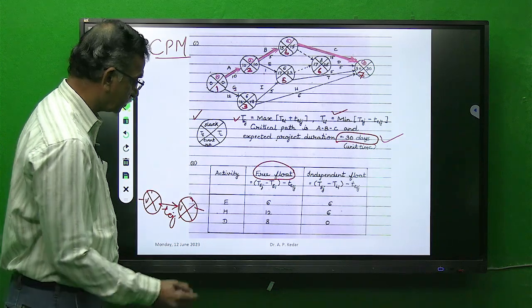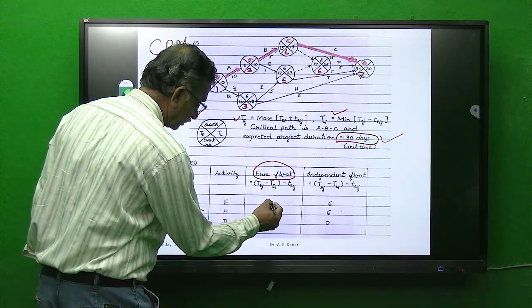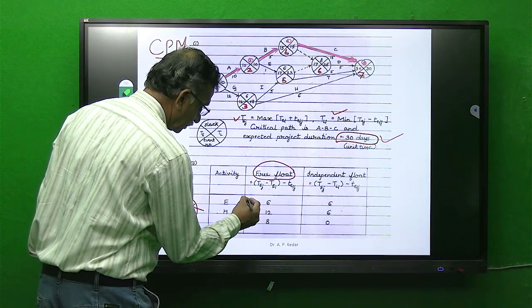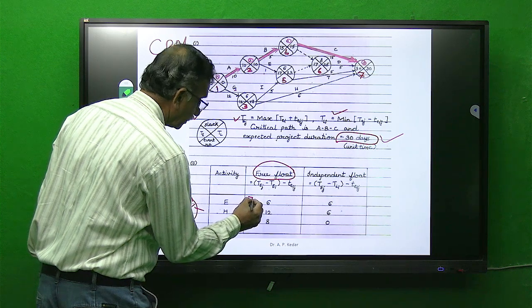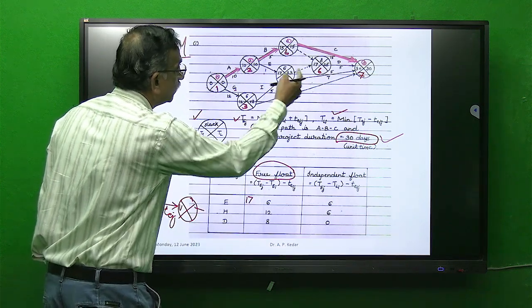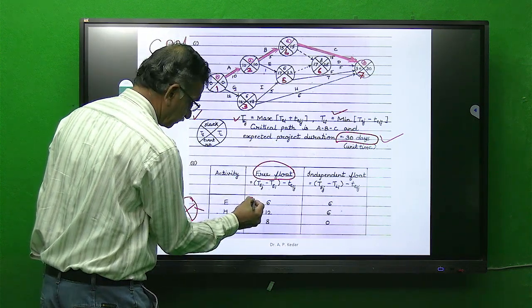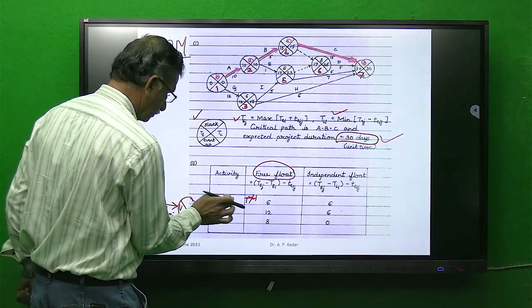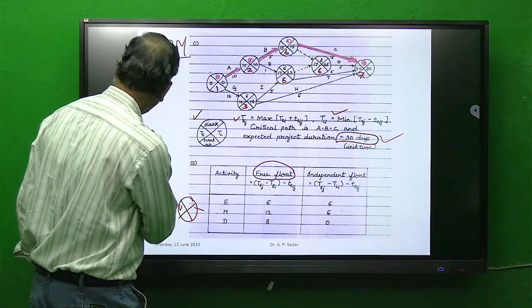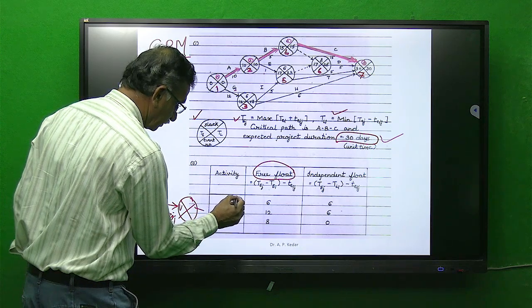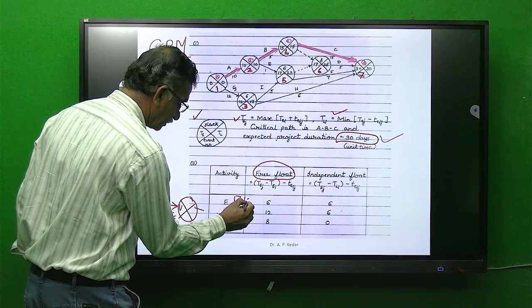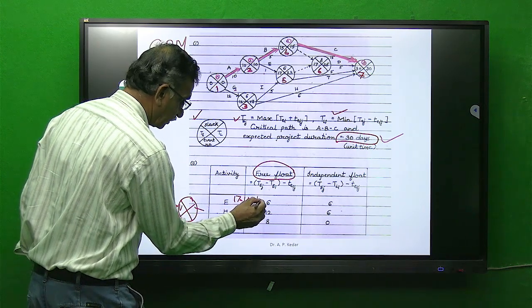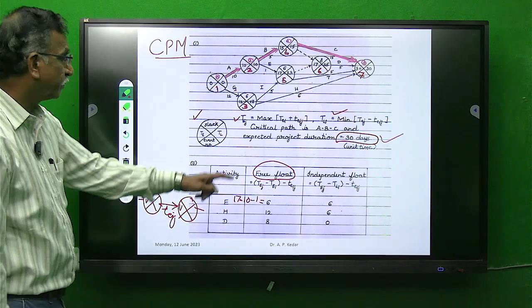So that gives 6. How does this 6 come? It is 17 minus 10 minus 1 equal to 6.